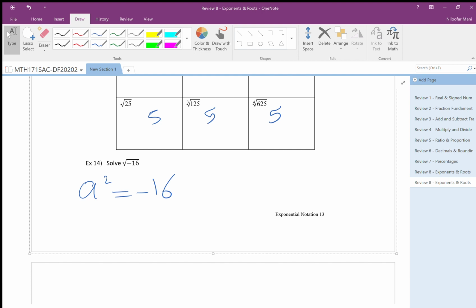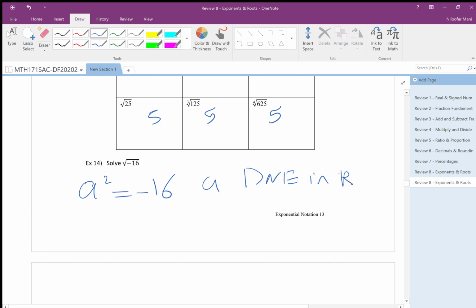I say there is no answer in the real number set. A does not exist in R, the real number set. So, how about other sets? Imaginary, yes. I can say it is radical 16 times radical minus 1, which is radical 16 i, which is 4i. Yes, but this is the imaginary set. Done.